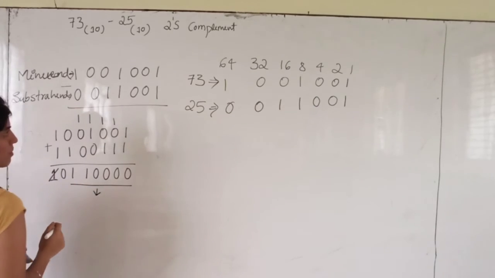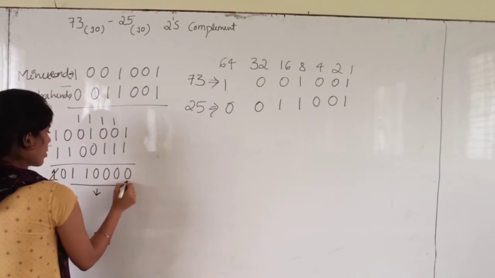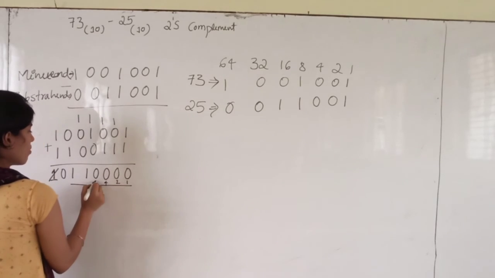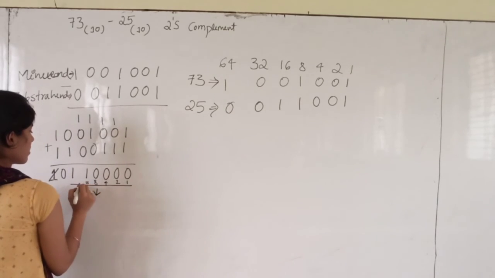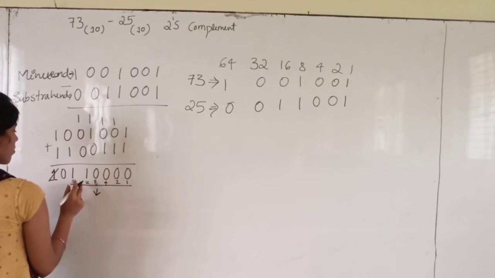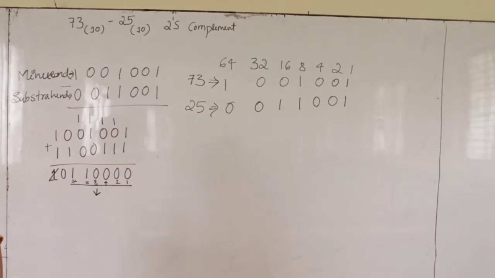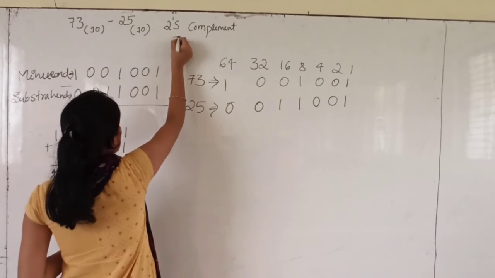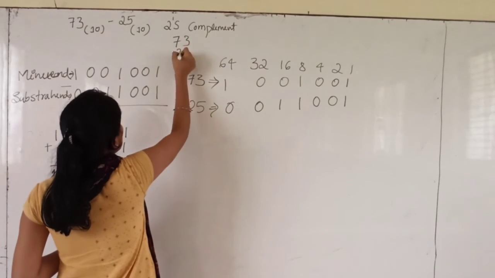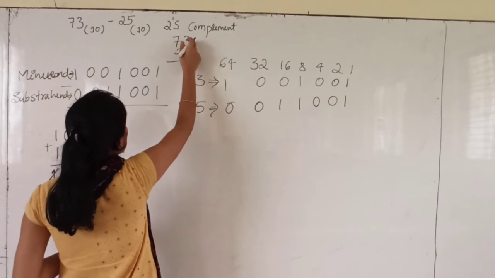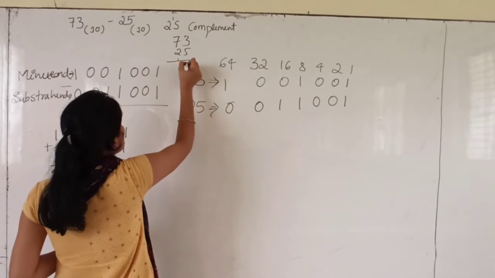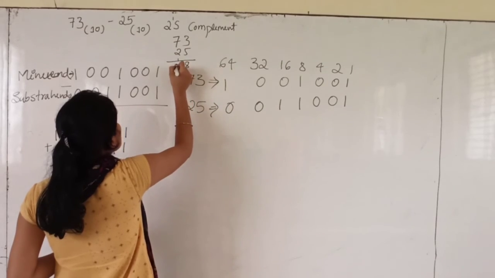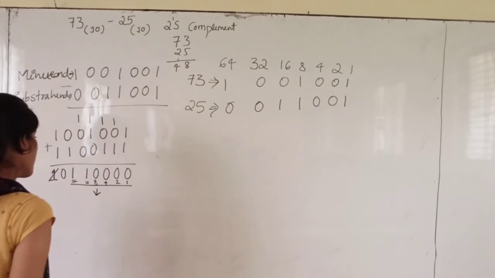Its equivalent decimal: the 1st position is 0, the 2nd is 0, the 4th is 0, the 8th is 0, and 16 plus 32 means 48. Just cross check: 73 minus 25 is 48.